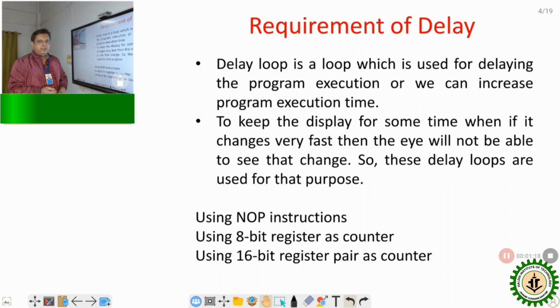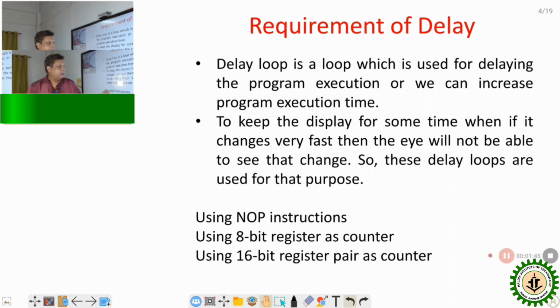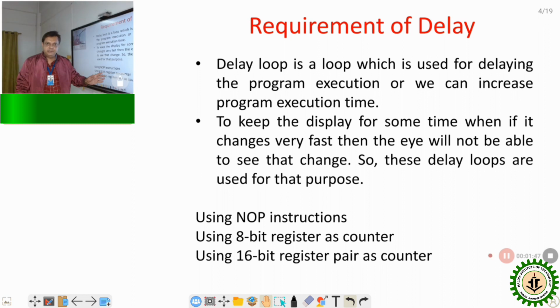Say, for example, to keep a display for some time on any 7-segment display which is microprocessor based, if the display goes at the speed of the execution time of a processor, which is very large, nothing will be visible and our eyes will not be able to interpret anything. This is the main reason why delays are introduced, though there are other reasons also.